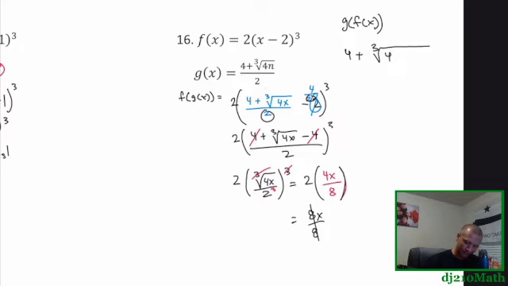Okay, well, n in this case is going to be 2 x minus 2 cubed all over 2. Here, so you can see it. So the 2, x minus 2, that's the input. That's f of x.